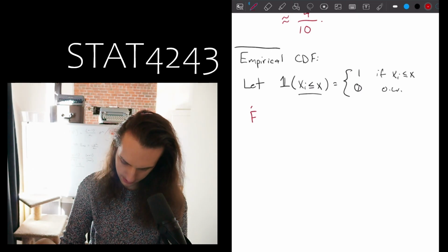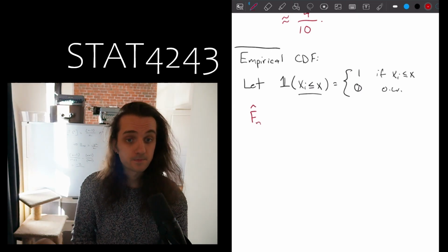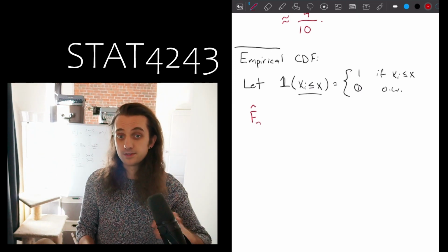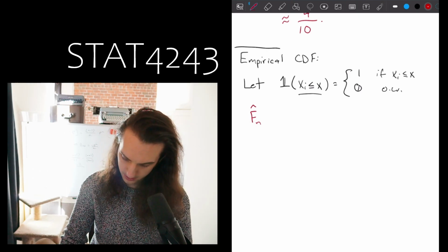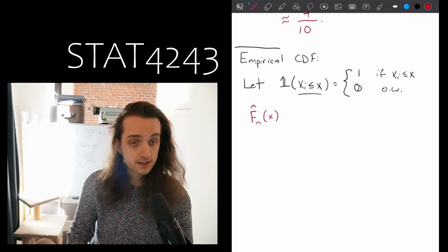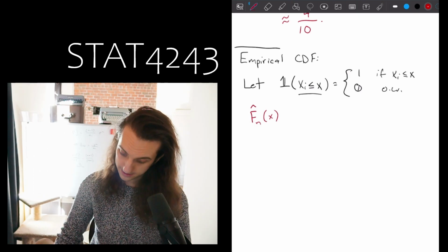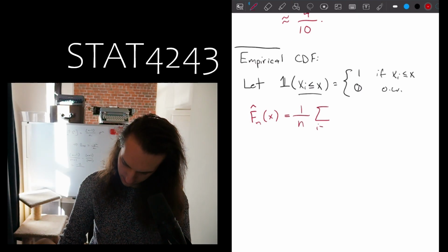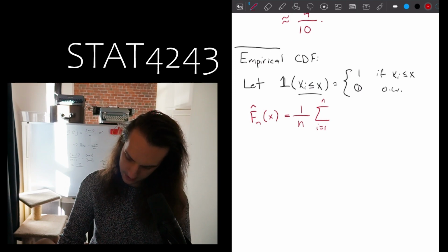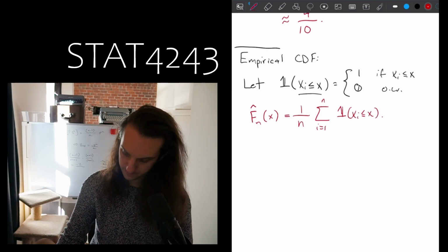And so once we've defined this, what we can do is we can say the empirical CDF, which we denote as F hat with a sub n, right? And the sub n is to emphasize the fact that this is going to depend on the sample size that we've actually observed. It's going to be a function, right? So we take in a parameter value x here. And what we're going to do is write this as the average, the summation from i equals 1 to n, of the indicator function of our sample less than or equal to the parameter value here, right?